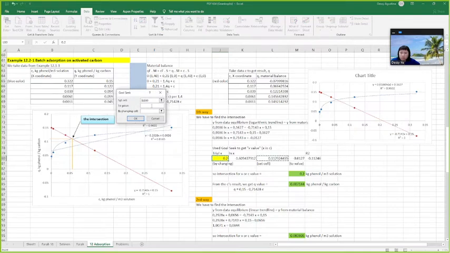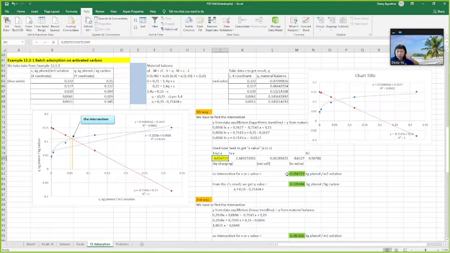In here, the x variable is the same as C, kilogram phenol per meter cubic solution.